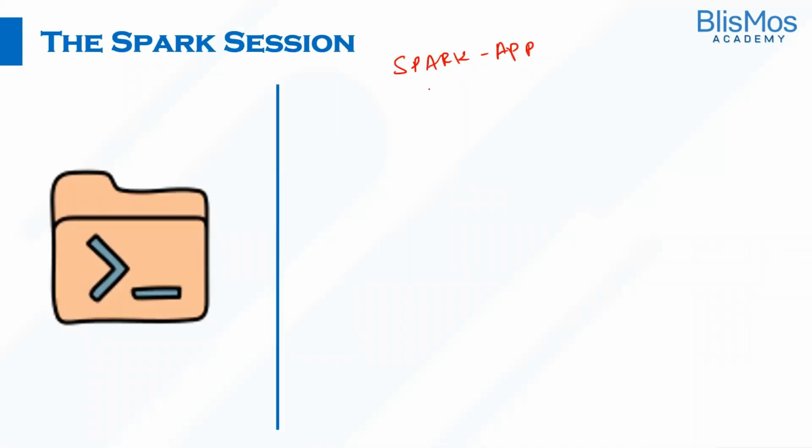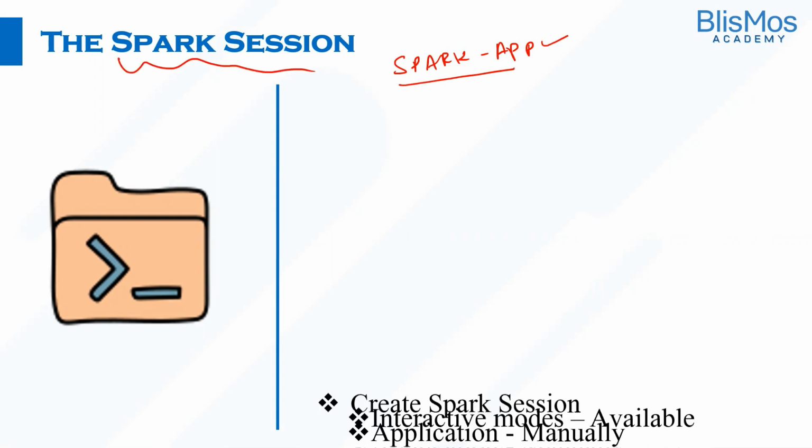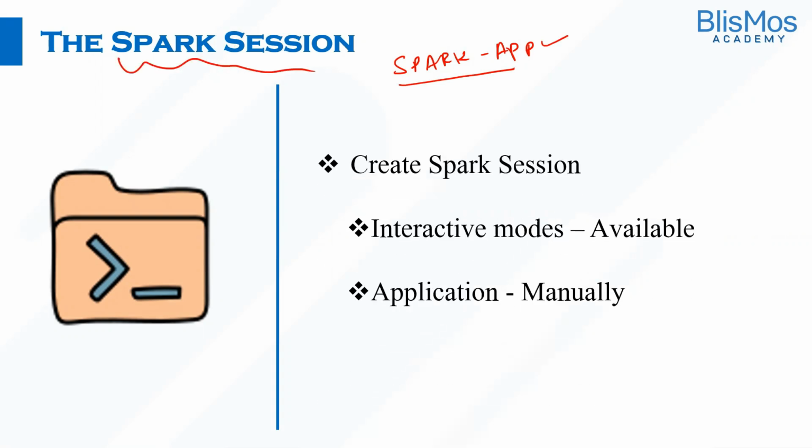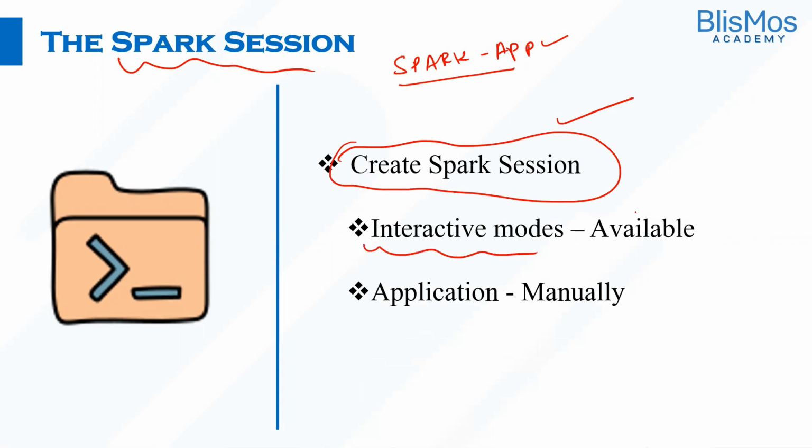As we know, when you submit the Spark application, it has to go through the Spark session. So the first step for any Spark application is creating the Spark session. We already understood that if you are executing the code in interactive mode, the Spark session is already available.